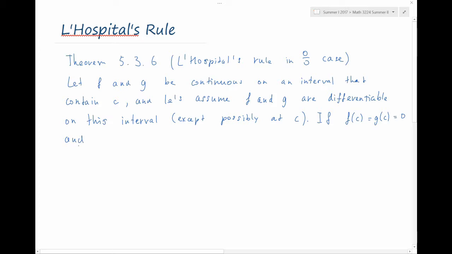And the next requirement is extremely important: g prime of x is never 0 on this interval.